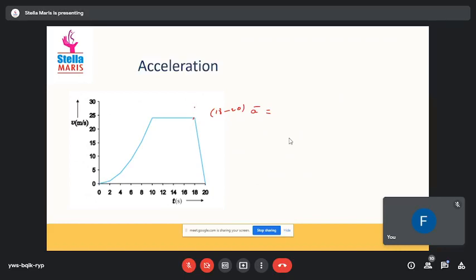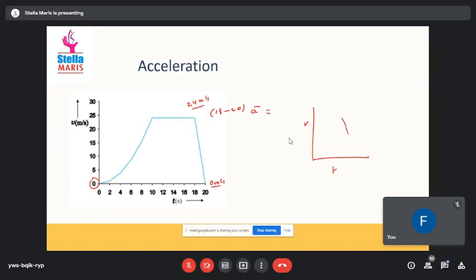Come on, quick, ma. We can move ahead, no? At 18 seconds, you have seen it is 24 meter per second, and at the 20th second it has come to rest. That is 0 meter per second. But by the graph itself you can say, it is a straight line like this in the velocity time graph.